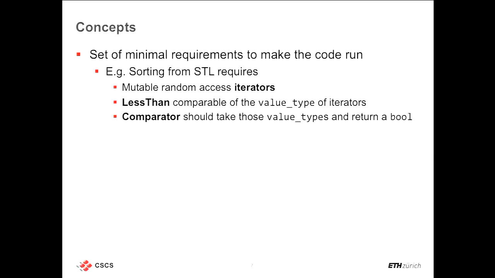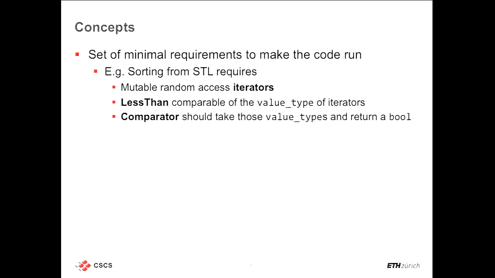We will see what iterators are in a bit. It has to be less-than comparable on the value type of those iterators. Iterators have a value type, which is the value they point to, and it has to be less-than comparable.